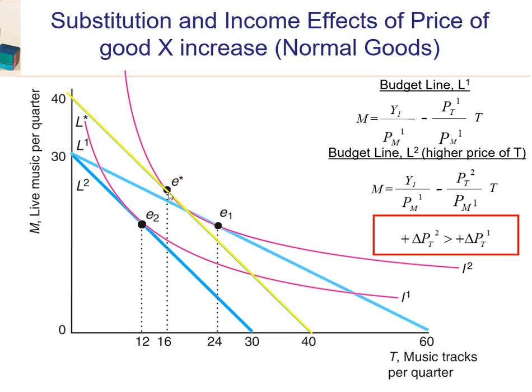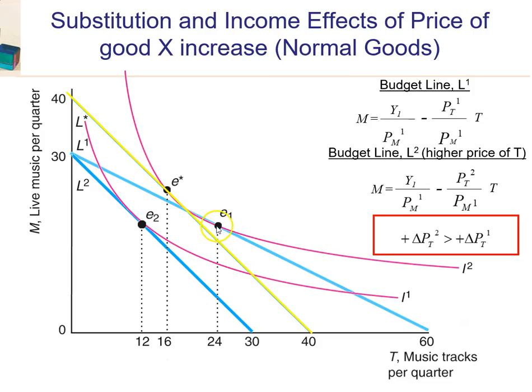So E star is a tangency between the yellow line and the original indifference curve. And moving along this indifference curve from E1 to E star, this is the substitution effect. We're swapping out the X good. We don't want the X good now. We want more of the Y good to obtain the original indifference curve, keeping our utility the same.